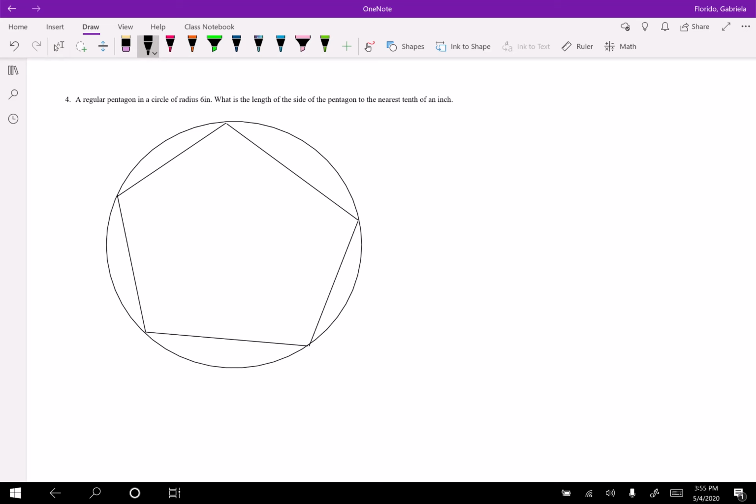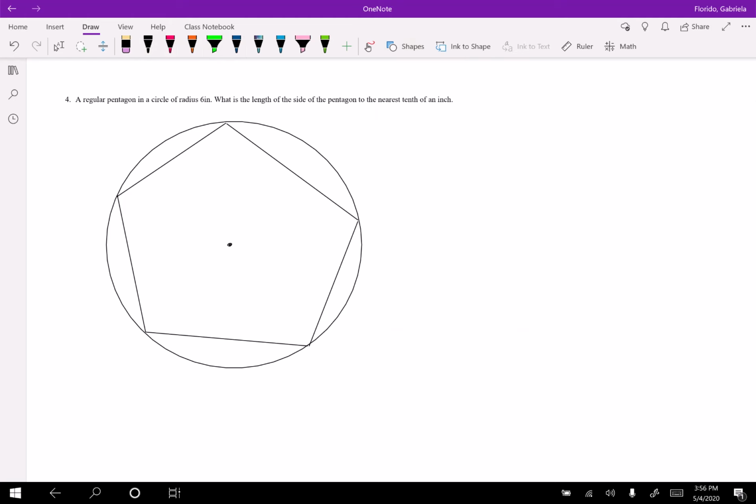What they're asking us to find is the length of a side of the pentagon to the nearest tenth of an inch. So they're asking us to find one of these lengths. And since it's a pentagon, all of these lengths are going to be the same. Notice that the length of a side of a pentagon looks like a chord. Here's the center of my circle.